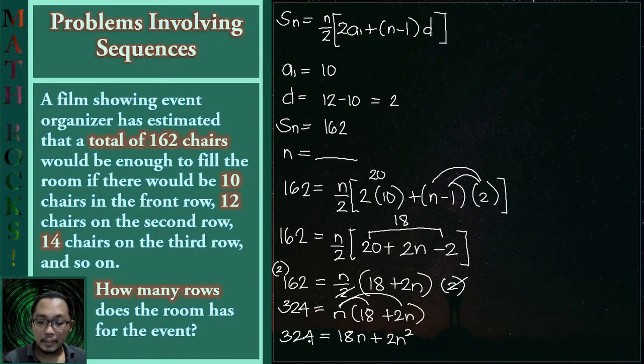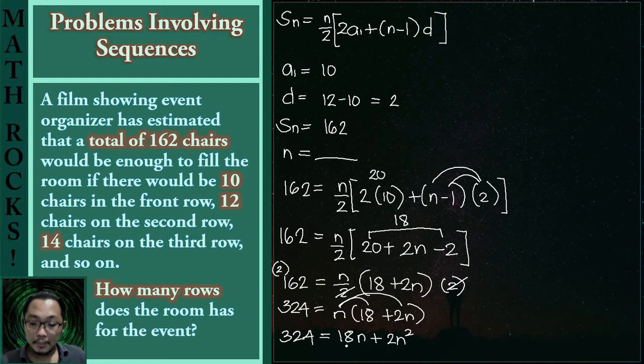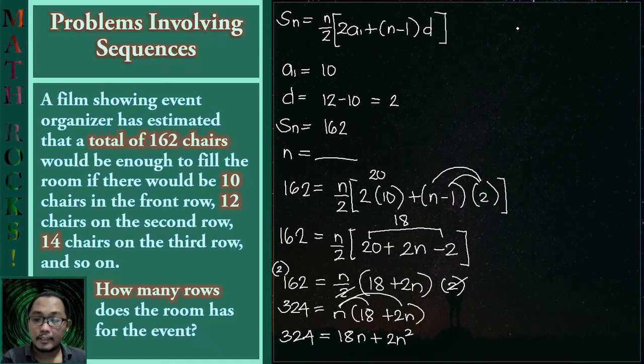So here you will notice that there is a common factor for all of these terms, so we can actually have such common factor be extracted from each term, which is actually 2. Okay, so this will be the common factor.